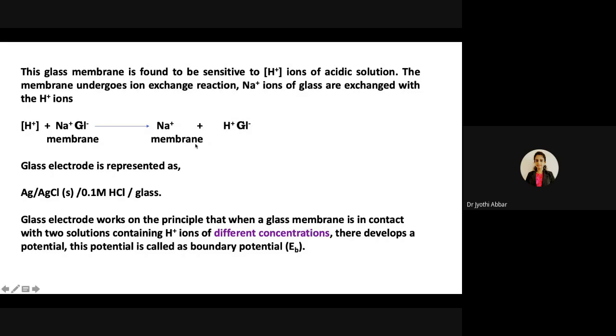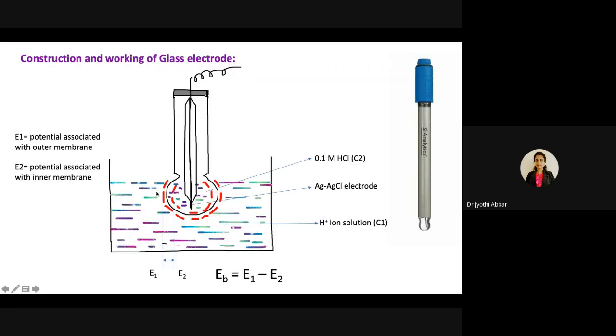Now, how to represent this glass electrode? In continuation of the construction part, you can see this bulb. It is filled with a solution of constant pH, that is 0.1 M HCl.